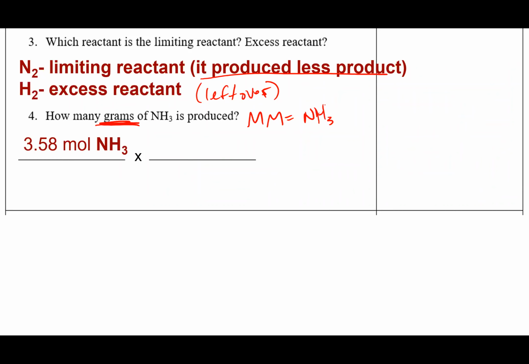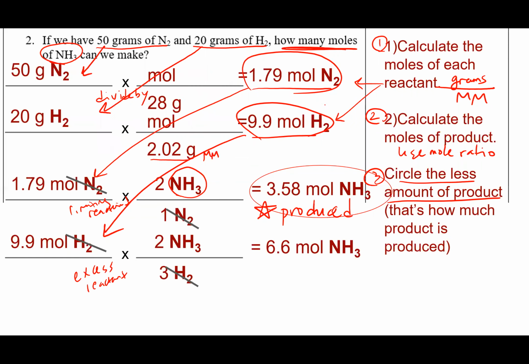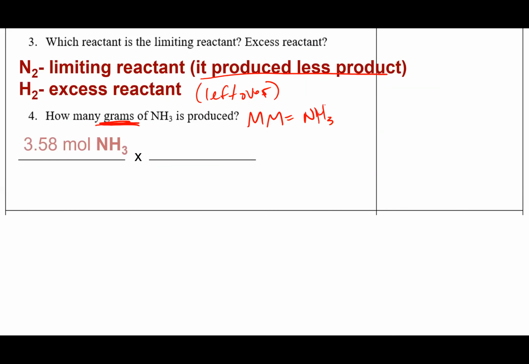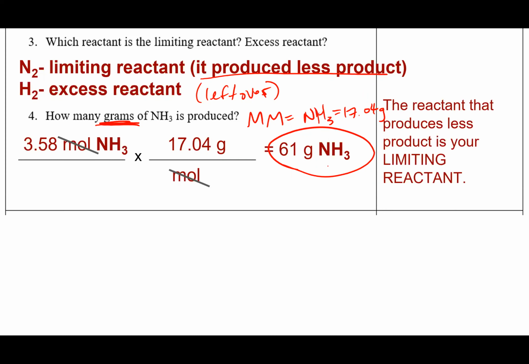You're going to use the moles you got from the previous question, 3.58 moles, and multiply that by the molar mass of NH3, which is 17.04, and we get 61 grams of NH3. I know that was pretty fast. The reactant that produces less product is your limiting reactant. So that's for number 3.